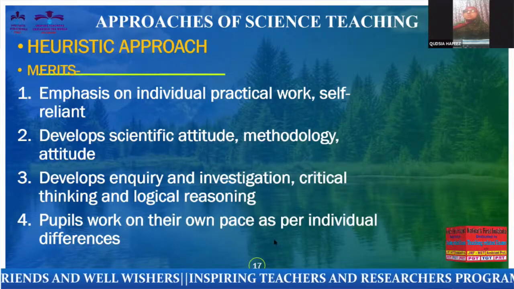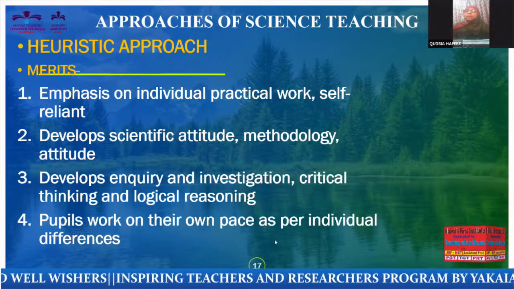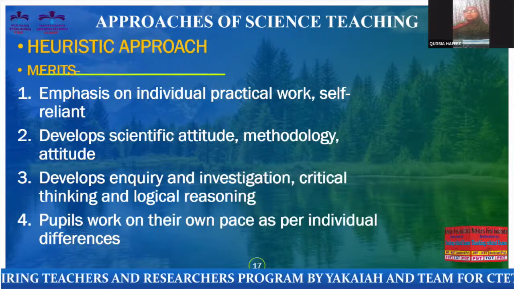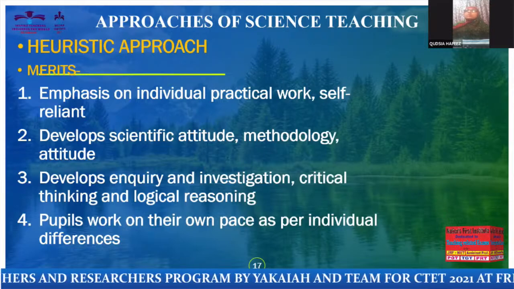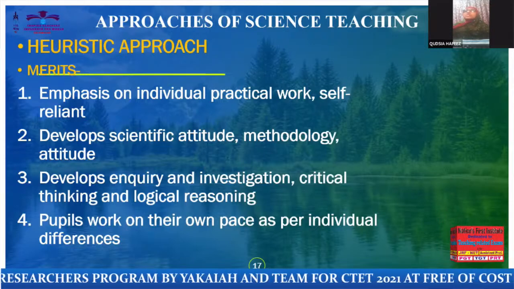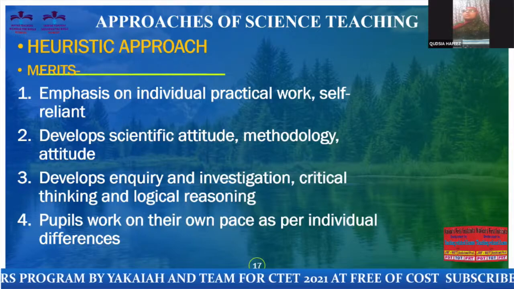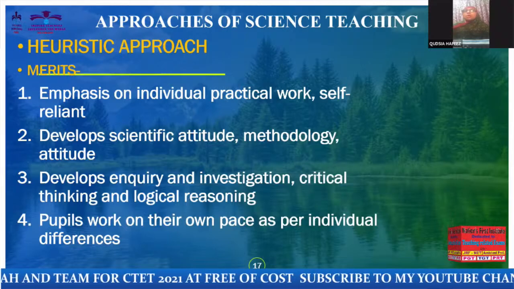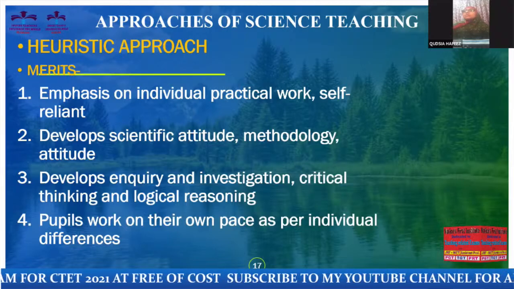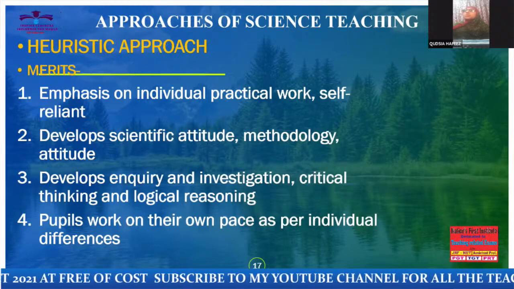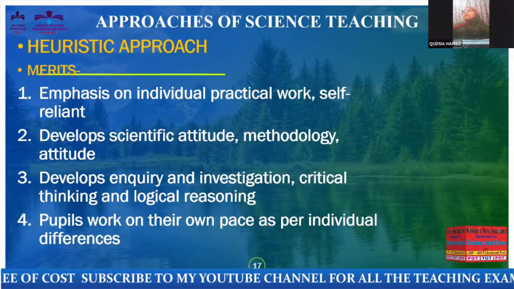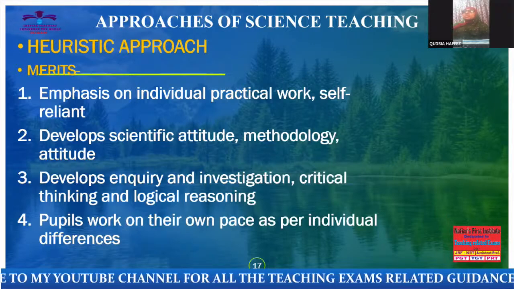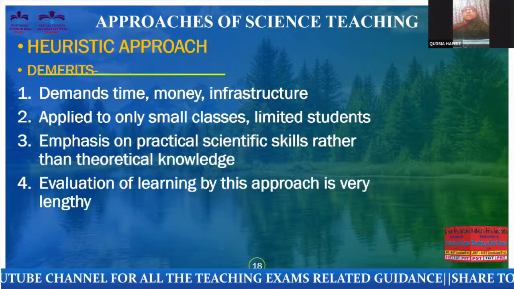But the students who are not as alert and not as bright could do other activities that fit their level and capability. So it works according to the pace and individual differences. The teacher can identify these children and, according to their strengths and weaknesses, provide different projects and activities. And next we see the demerits of the heuristic approach.